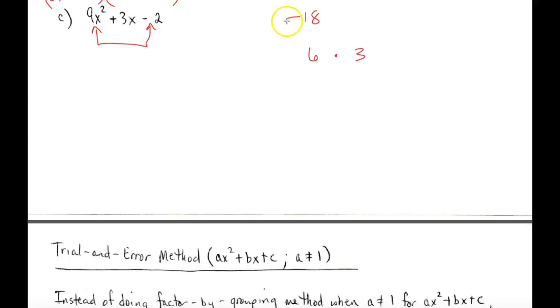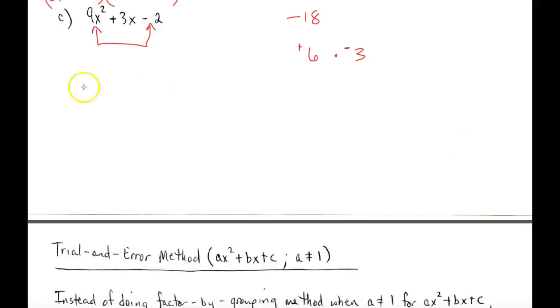But if we wanted to make it negative, one of the terms would have to be negative, one would have to be positive. So if we made the 3 negative and the 6 positive, this would work. Because positive 6 times a negative 3 is a negative 18, but 6 minus 3 gives us a positive 3.